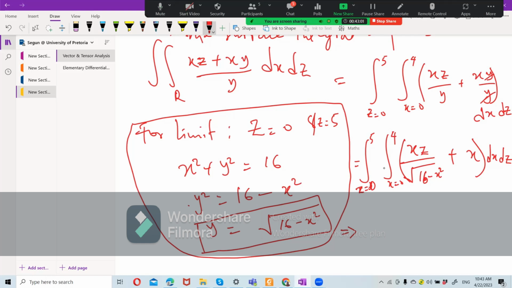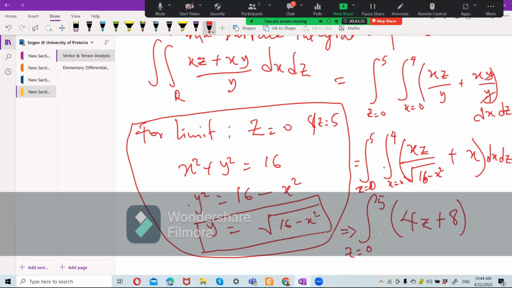Anyway, what I will do is you guys will complete it. It's very simple. All you need to do is brush up your integration skill. So if you integrate it very well, you have z equals 0 to 5, you have 4z plus 8. Remember, when you integrate this one, you have x squared.